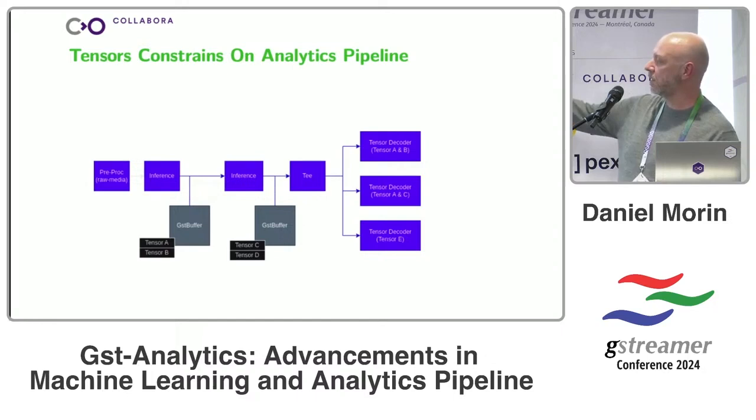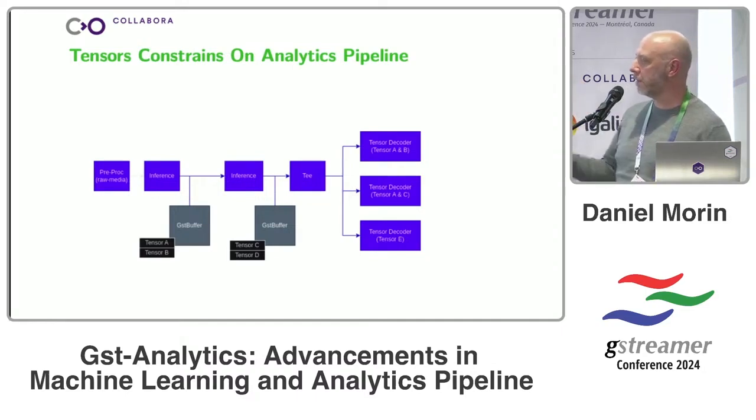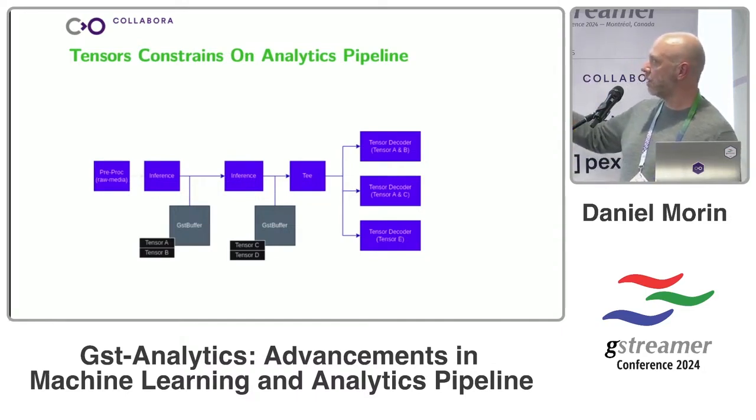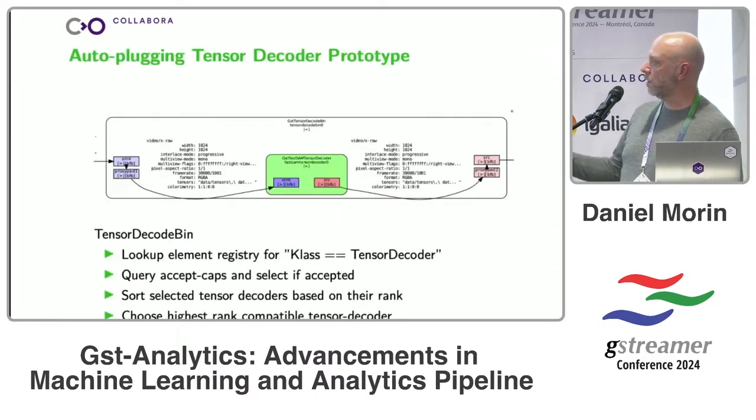In this case, I have an example where E is not produced, so you'll be able to detect that nothing upstream can produce it and this would fail to negotiate. It also opens the door to tensor decode bin, where you can find which available tensor decoders are able to handle what the inference element can produce and select them, which is exactly what we created.